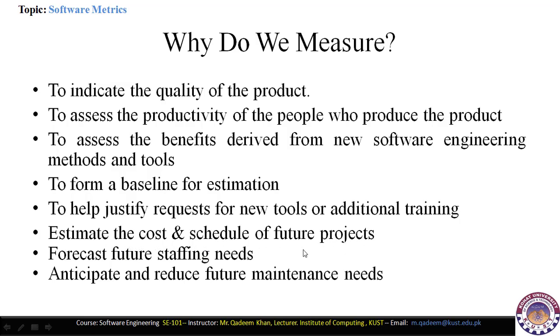That means if we have future projects to complete, it helps in the estimation of cost and schedule for those projects. For future staffing needs, if the productivity of the programmer is much lower than we are expecting, then we require new staff also.